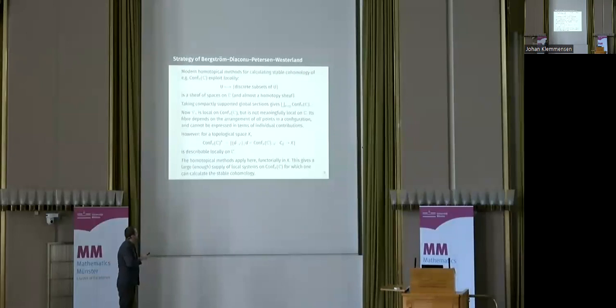And giving a function is the canonical example of something that's very local. To give a function, you have to say what it is locally, and then you have to check that your two choices that you've made locally agree whenever you've defined it twice for some reason. So this somehow is describable locally on the complex numbers. And roughly speaking, the standard methods that we know by now apply perfectly well here.